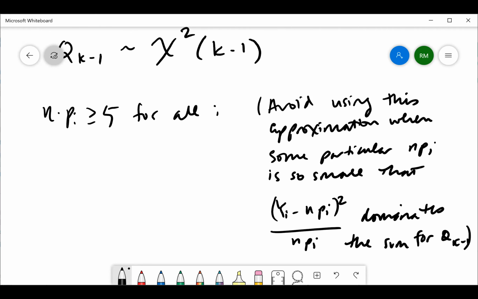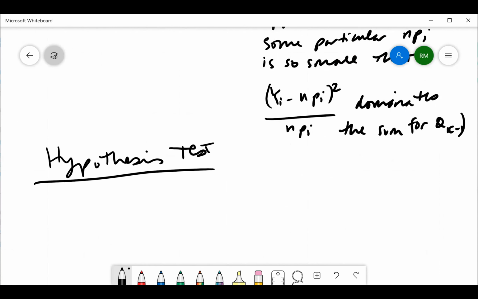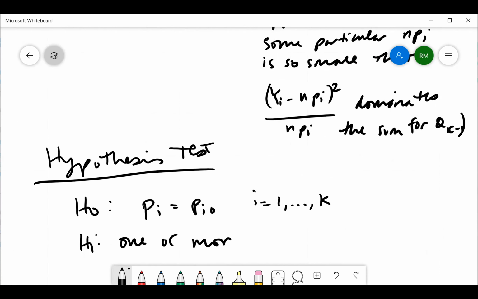Okay, so now we want to proceed by doing a hypothesis test. So how do we do a hypothesis test with this newfound information? Well, we want to test the hypothesis that we know what all of these probabilities are, against the alternative that one of these probabilities is off.